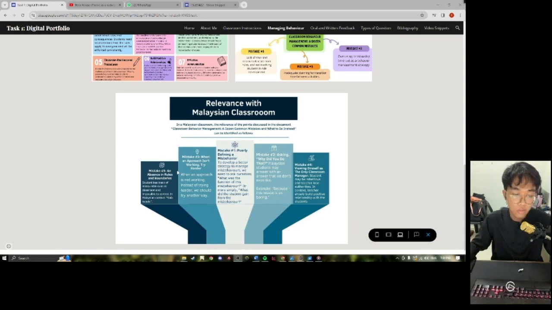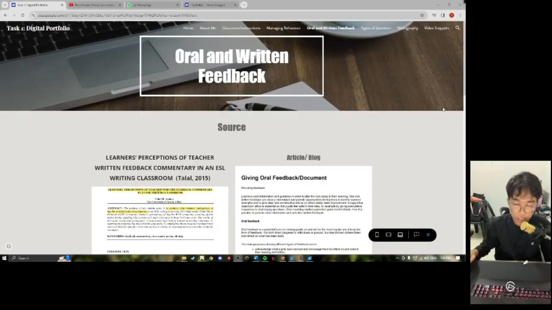So it's very important to have rules and boundaries in a classroom set by the teacher. Okay, so now we're moving on to an analysis of these two sources, which is going to be centered around oral and written feedback.